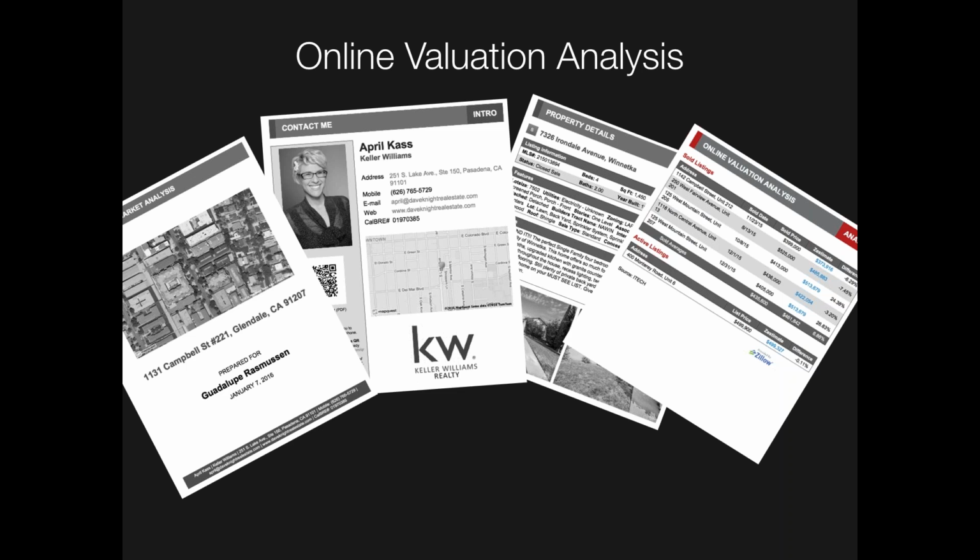I sold a property last year. We sold it over asking. We priced it at $870, it sold for $920, and Zillow said it was worth like 1.6 million. That was a really tough one to go and talk her into, because she had seen it there too.